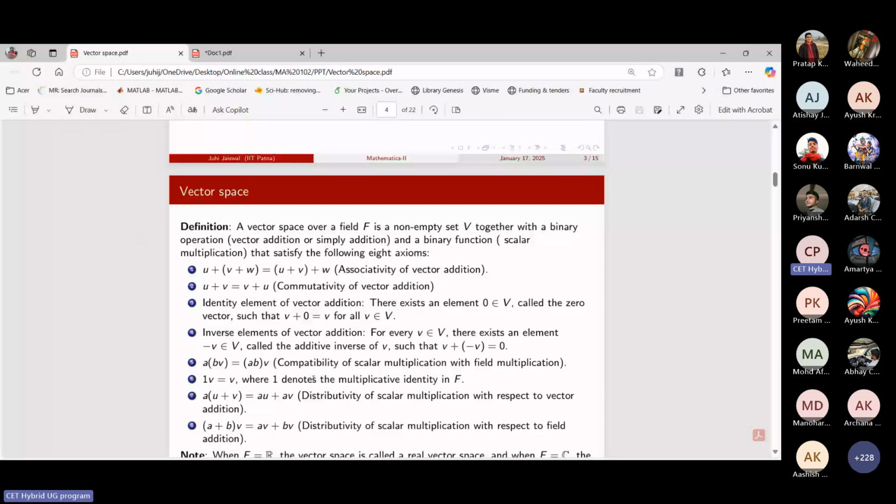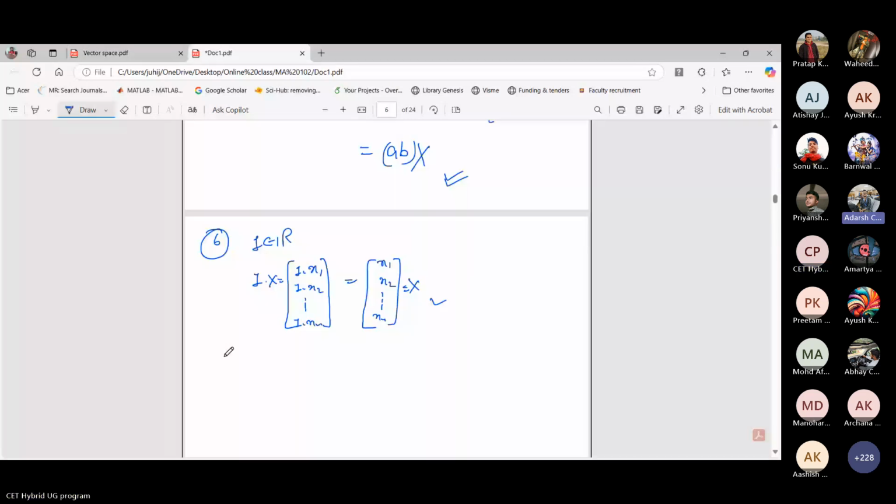The next one, let us see distributivity. A into U plus V. A belonging to F and X, Y belonging to V, then A into X plus Y is equal to what?